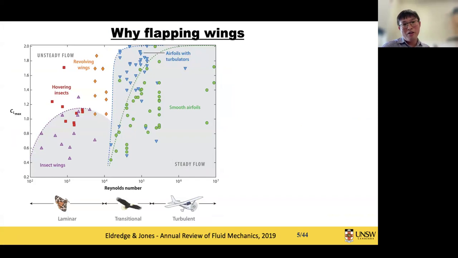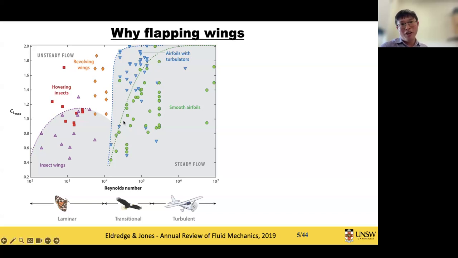On the right-hand side of this picture is what we call steady flow theory, like an airfoil, and the lift coefficient can go to about 2. Then, when the Reynolds number drops, the lift generated by steady flow theory drops significantly.